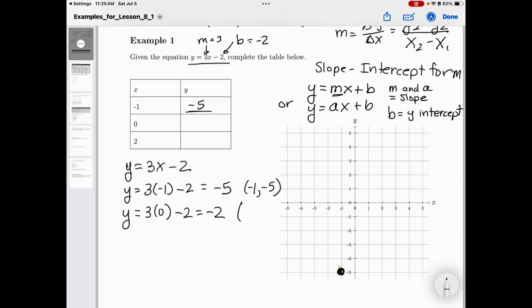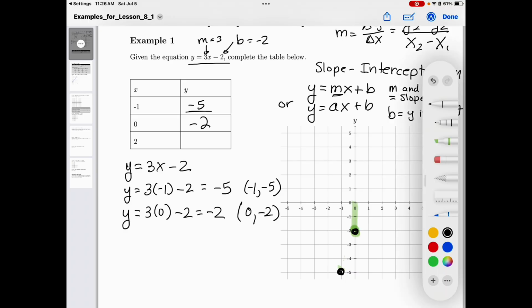So my ordered pair for this would be 0, -2. So now finding the point on the grid, since x is 0, I'm not going to move horizontally at all. I'm going to just stay on a 0. And the y value is -2, so I'm going to come down here. So my point is going to be right here.